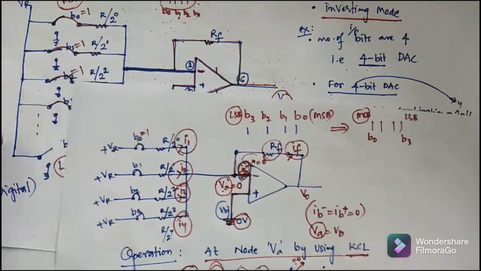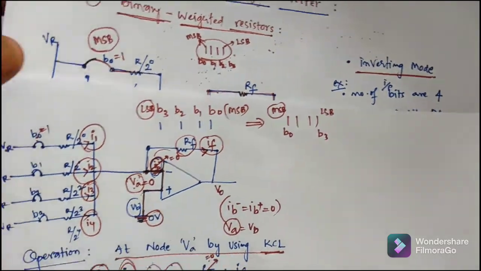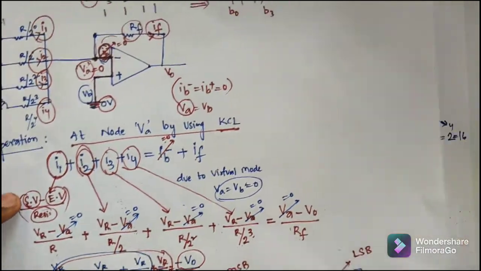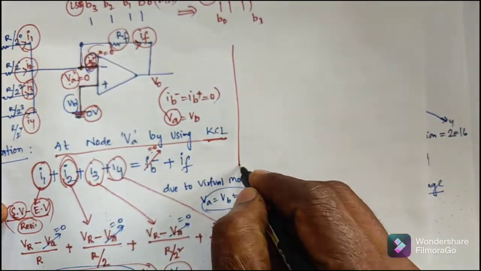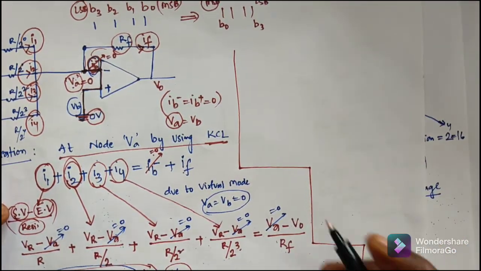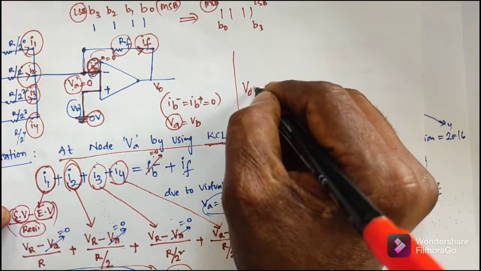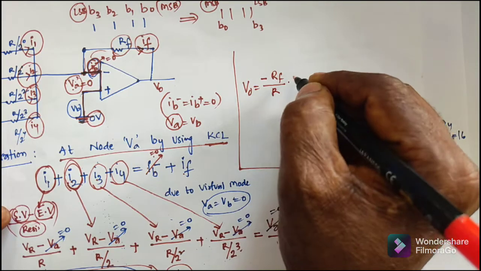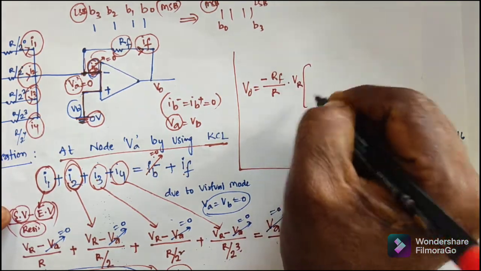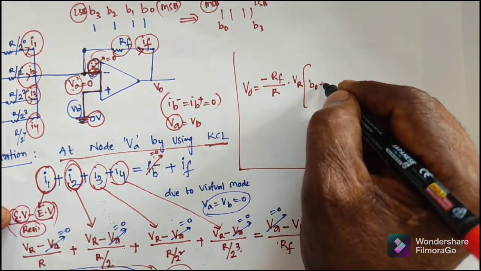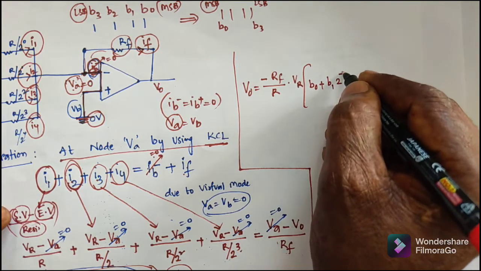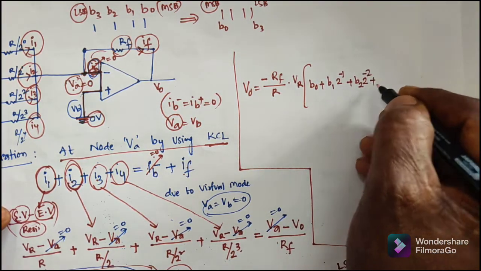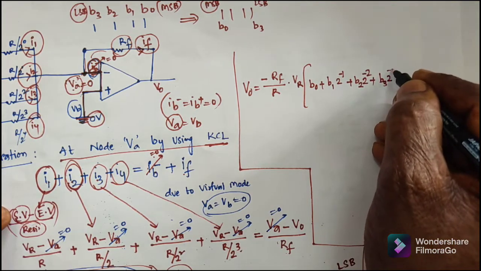Then we can design the expression for the output waveform. The final function for this value is V0 is equal to minus RF by R into VR by B0 plus B1 2 to the power of minus 1 plus B2 2 to the power of minus 2 plus B3 2 to the power of minus 3.